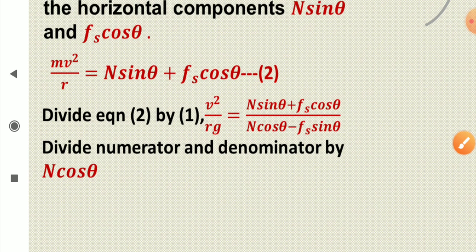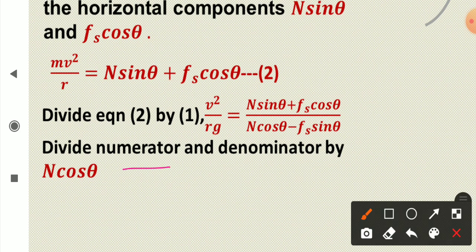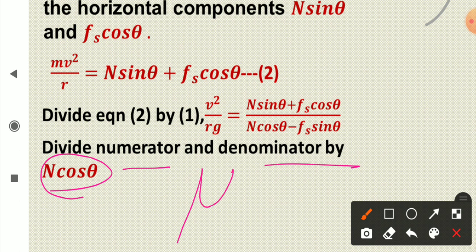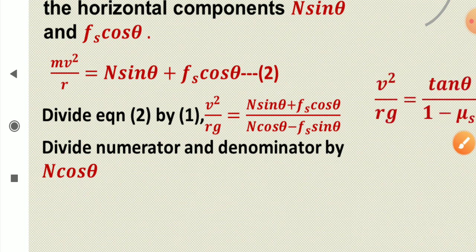Now divide the numerator and denominator by n cos theta. I want to bring in the coefficient of friction mu s, so divide the numerator and denominator both by n cos theta, and then you see what you get.